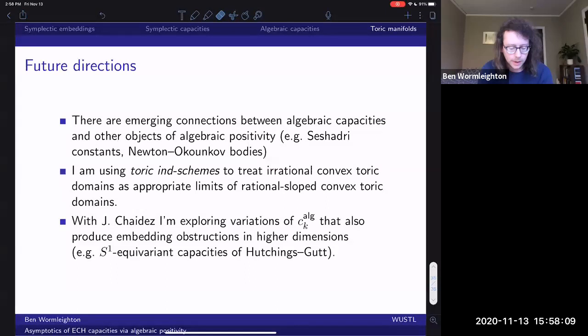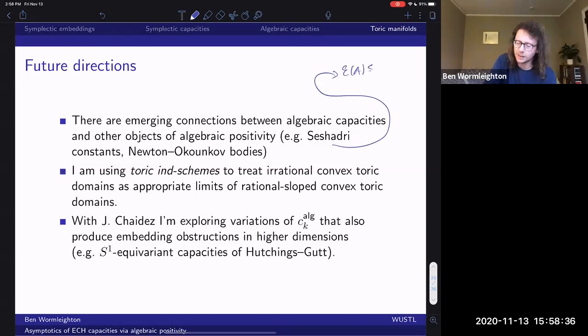So in the last few minutes, let me just briefly say what next steps look like. Everything I described on the algebraic geometry side really fits naturally into this framework of algebraic positivity. In particular, some of the work of McDuff-Polterovich relating Seshadri constants to Gromov width immediately gives us some relationships.